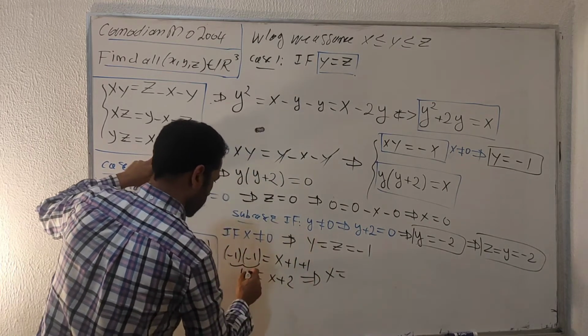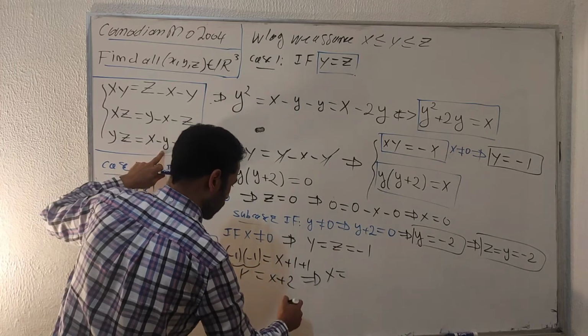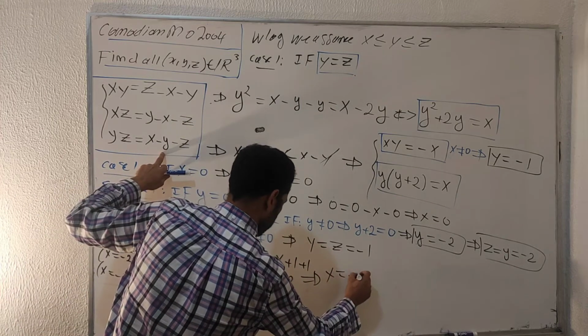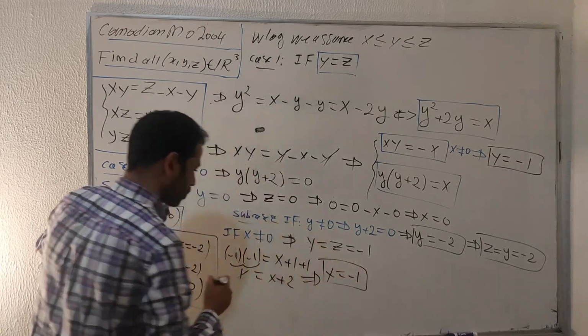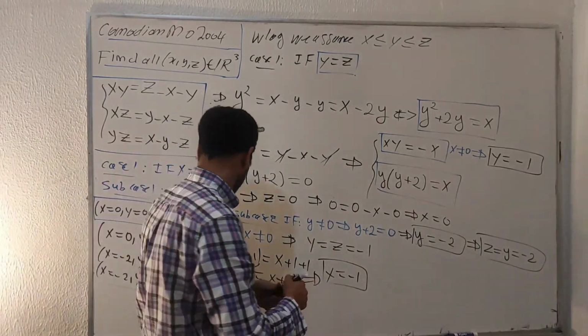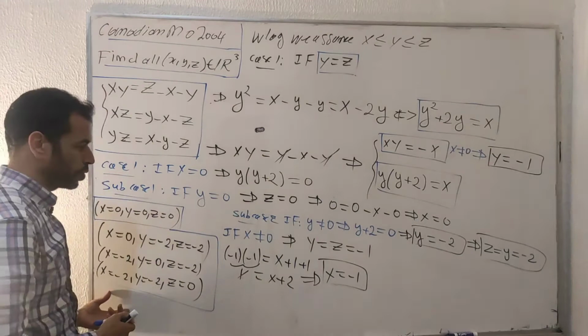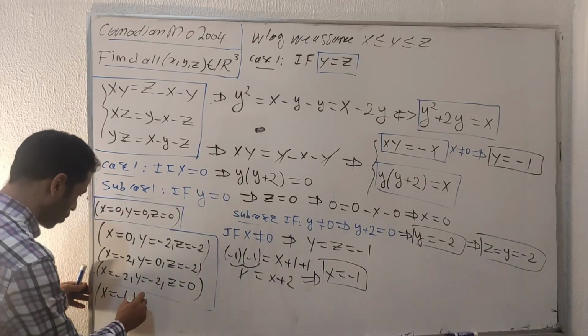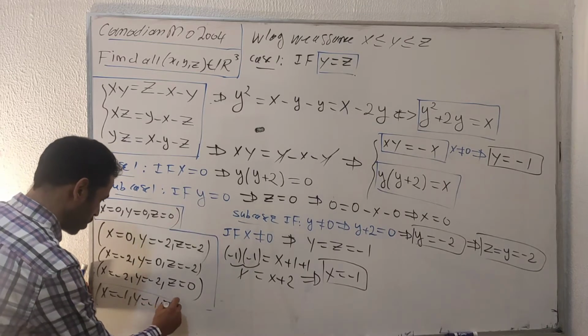By cancelling out 1 from left and right, I get x equals minus 1, which means I have a new pair of the solution here. So let's add this one here: x equals minus 1 and y equals minus 1 and z equals minus 1.